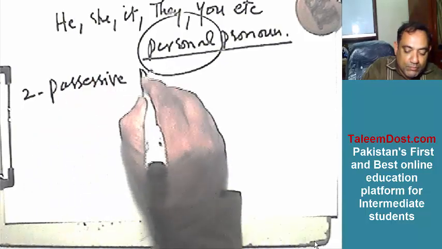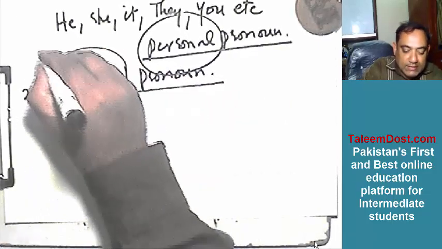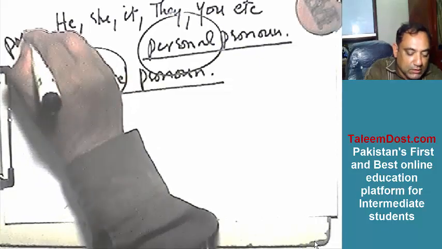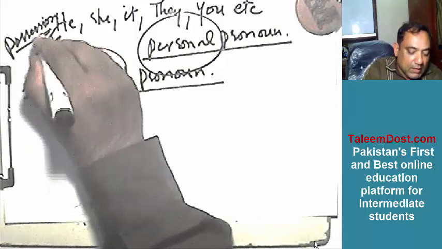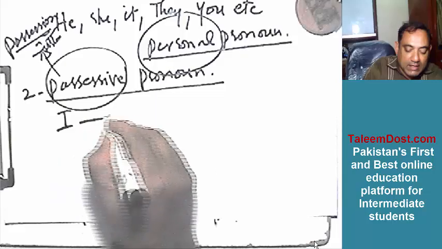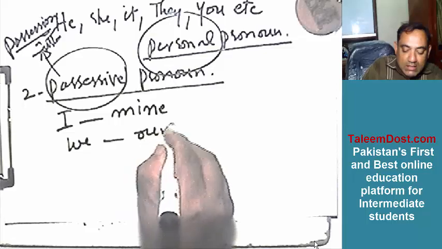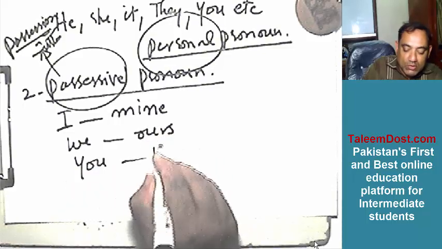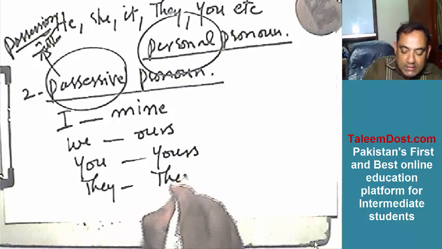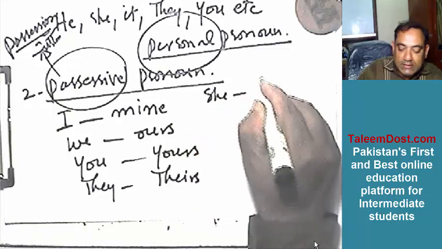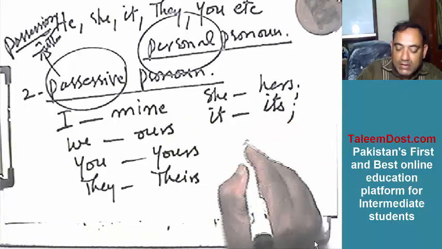Possessive pronoun, जिस तरह कि वर्ड possessive शो कर रहा है, दिस इज अ वर्ड फ्रॉम possession, और possession का मतलब है मलकियत, यानी ऐसा प्रोनाउन जो मलकियत ज़ाहिर करता है. आई से माइन, वी से आर्ट्स, यू से योर्स, दे से theirs, she said hers, it said its, etc.